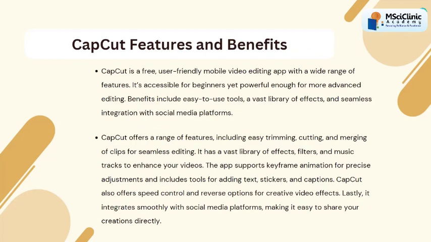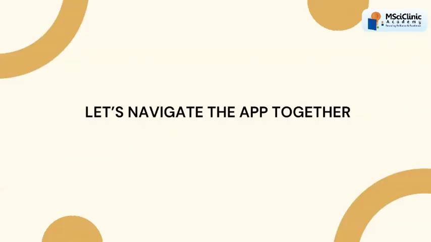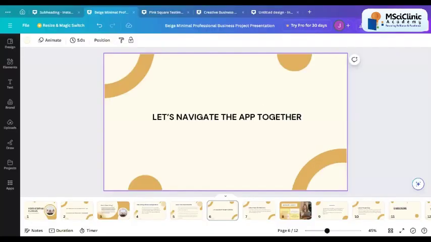I don't want to bore us too much about features and what CapCut is. I want us to explore the app. So what we're going to do now is just explore a little bit about the interface of CapCut before we end today's class.